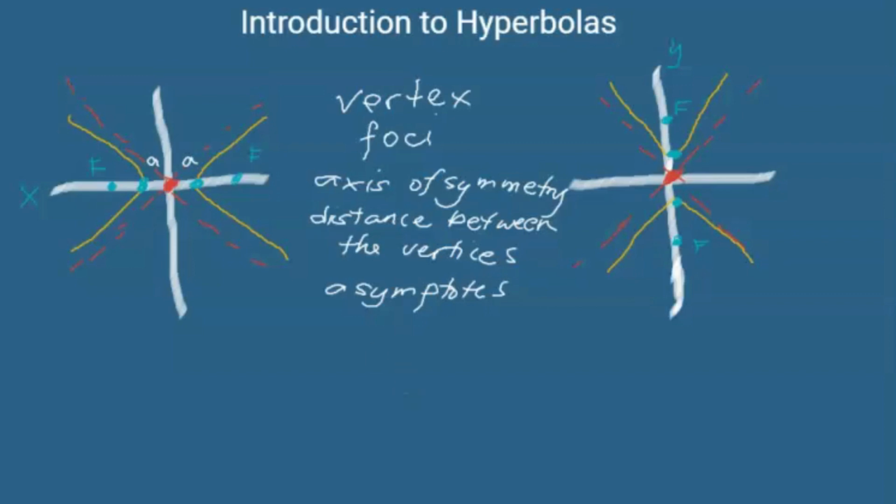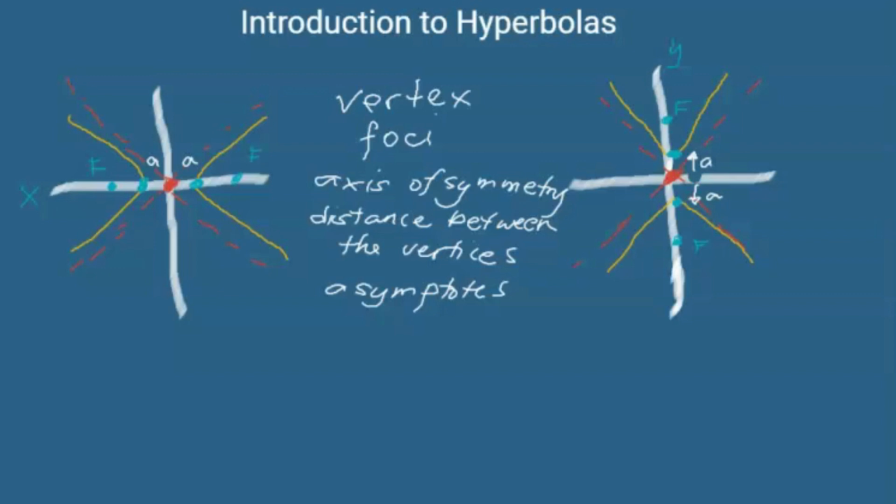So that's a, and the opposite would be negative a. And same thing with the vertical one. This is also a, center to the vertex.